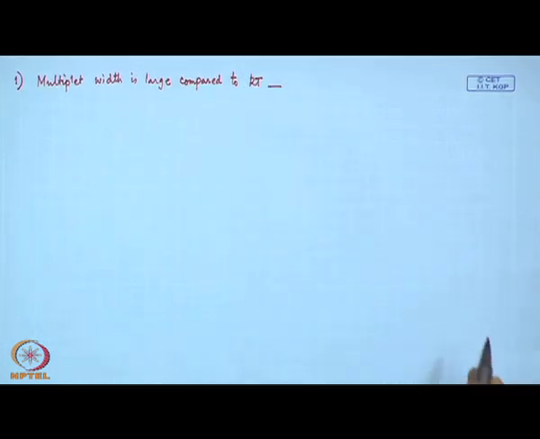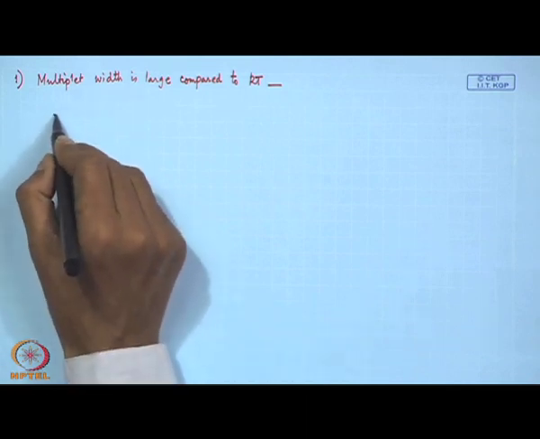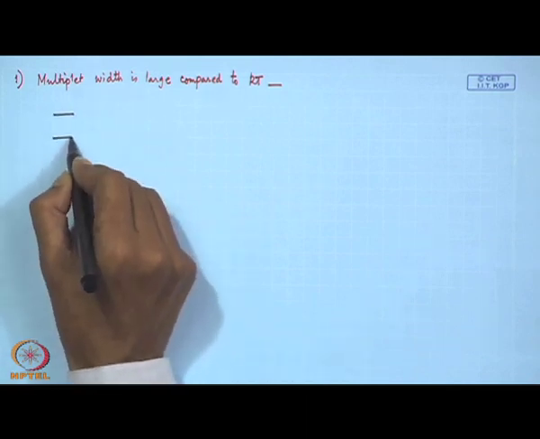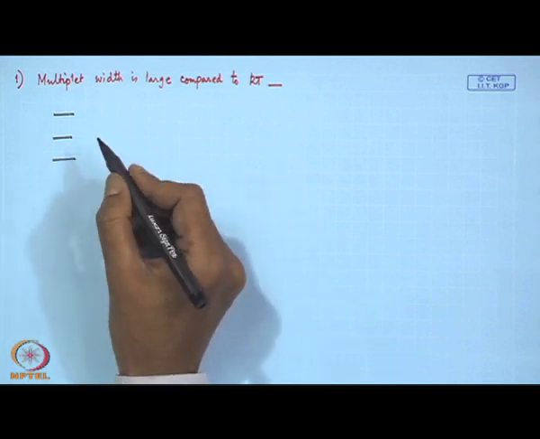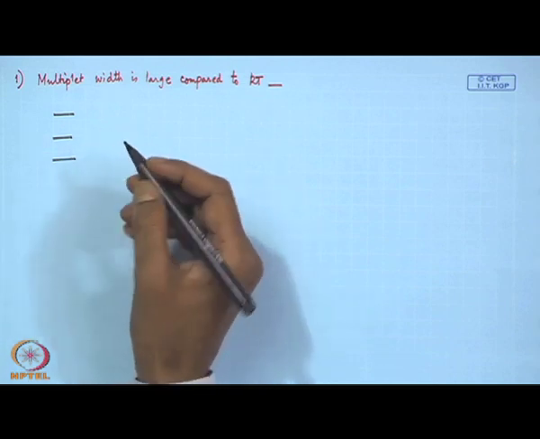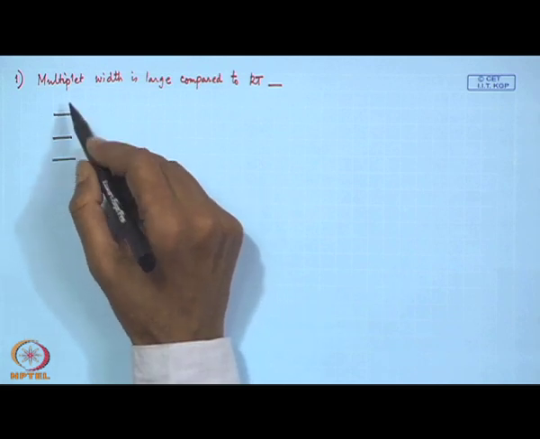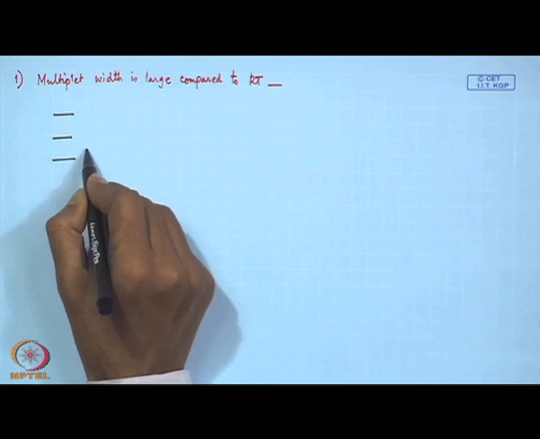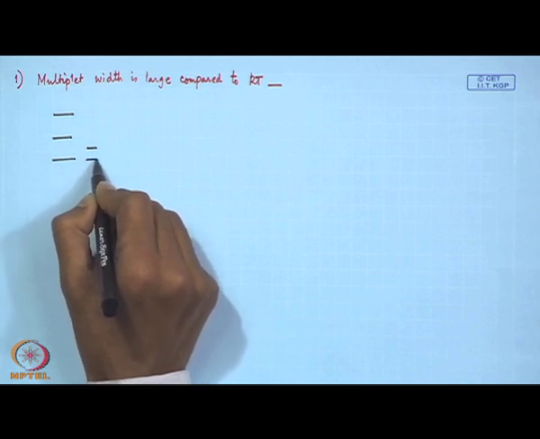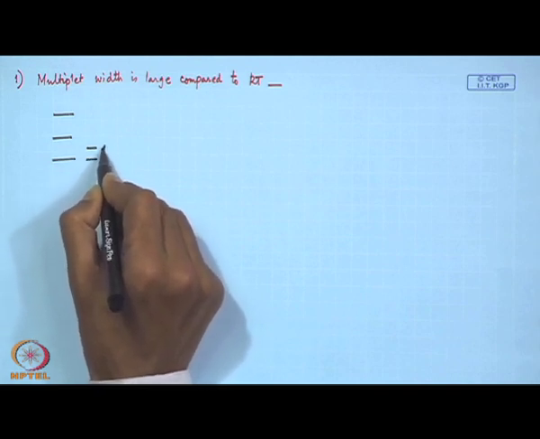If we have a multiplet width which is large compared to kT, we will see the different J levels, J equal to 4, J equal to 3 and J equal to 2. This multiplet width is large, that means the separation is large, and the magnitude of kT is small.